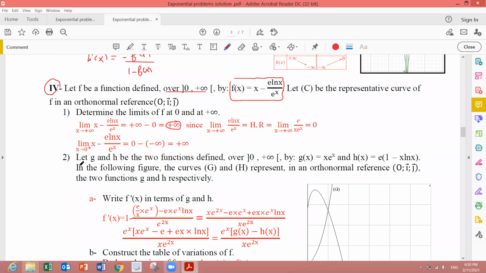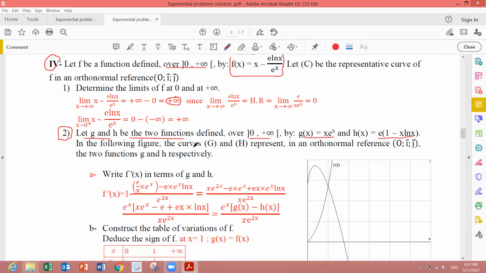Now, part 2. Let g and h be two functions defined over 0 plus infinity. g(x) equals x e to the x and h(x) equals e to the 1 minus x ln x.